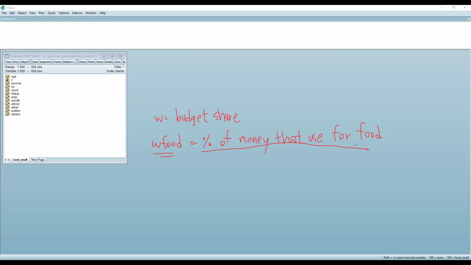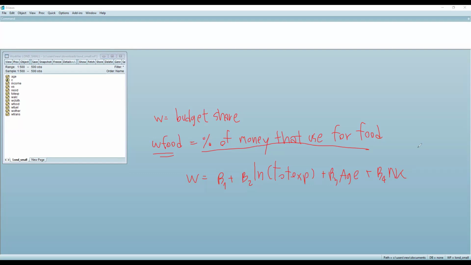And then they would like you to do: budget share depends on beta 1 plus beta 2 log total expenditure, beta 3 age, and beta 4 number of students. Since you have learned how to make equation already, what should I do?